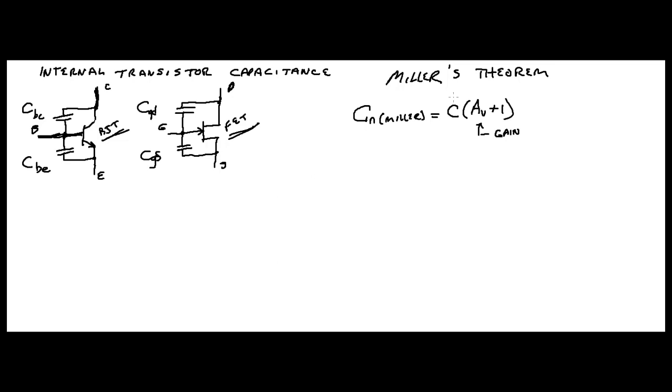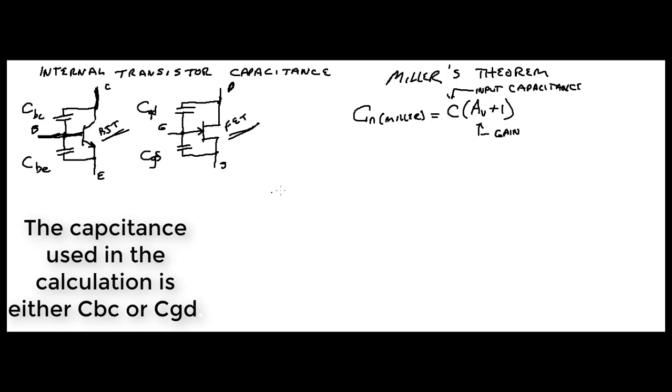And this is going to be your input capacitance. We're going to do an example of this later on in this video, and I wanted to make sure that you knew where it came from.